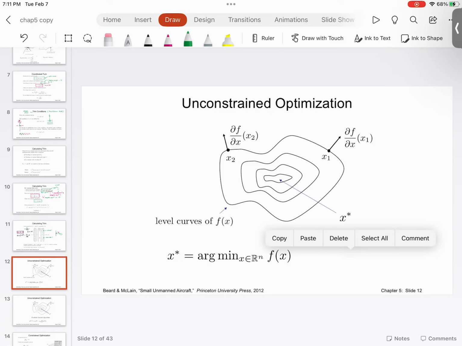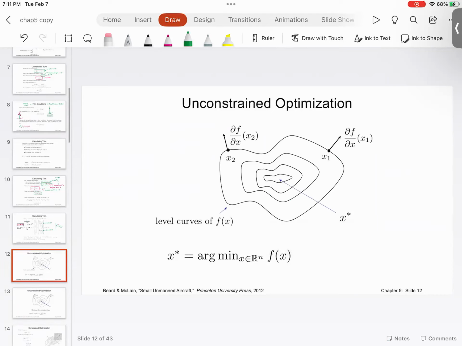That is all there is to optimization. You have equations, you have constraints, and then how do you find the optimal solution?